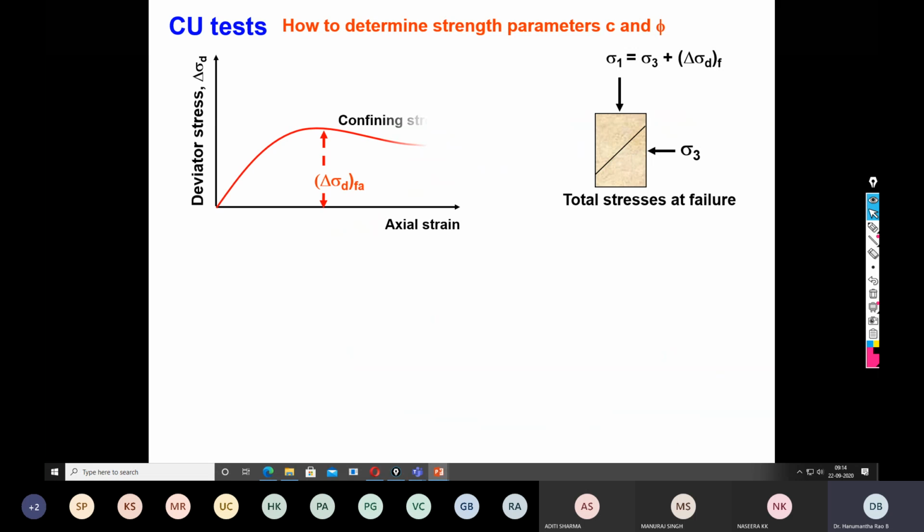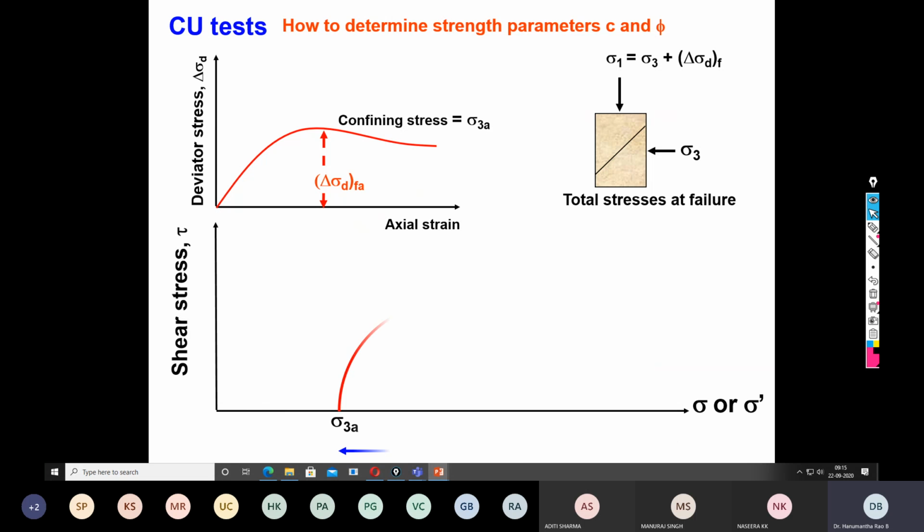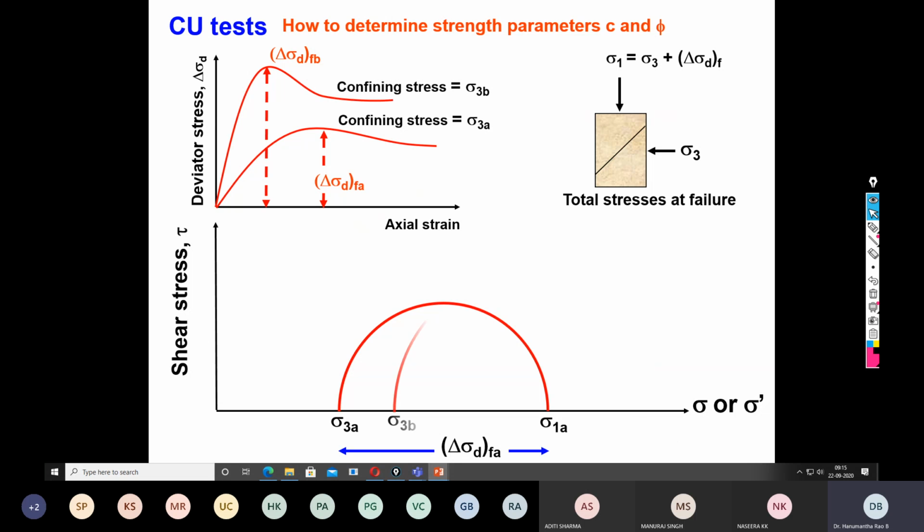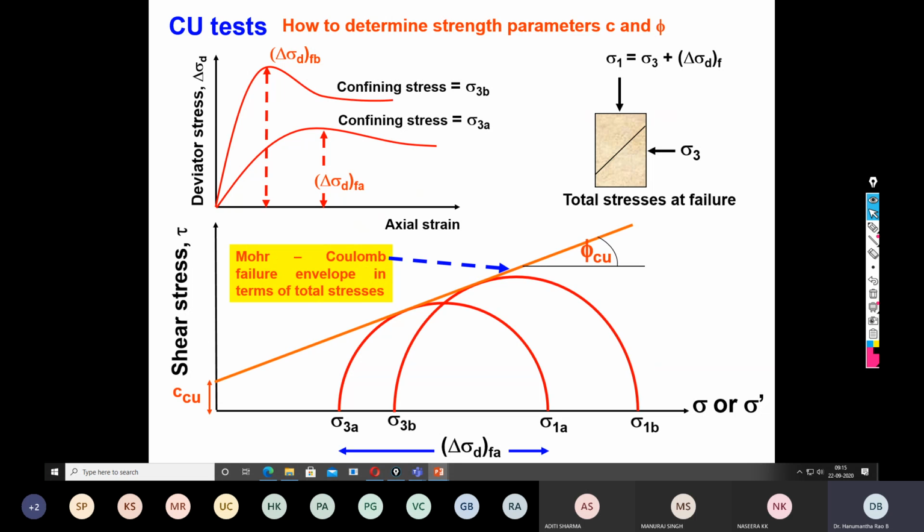So how do we determine the shear strength parameters? Normally, like the CD test, we should conduct three tests on three identical soil samples under three confining pressures. Then draw the Mohr circle diagram and interpret it to determine the shear strength parameters, that is C and phi.